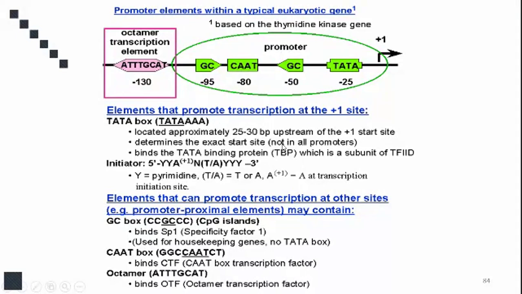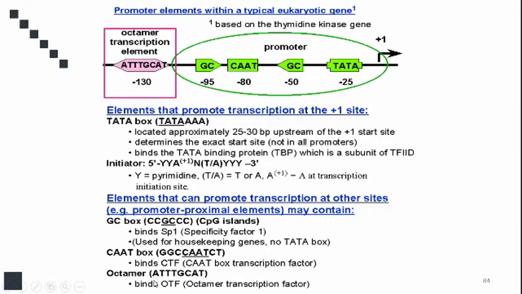It then binds to the TATA binding protein, which is a subunit of the transcription factor IID. And elements that can promote transcription at other sites, e.g. promoter proximal elements, may contain the GC box. You see that we have just seen here. And then the CAAT box, which is what we are seeing at -80.